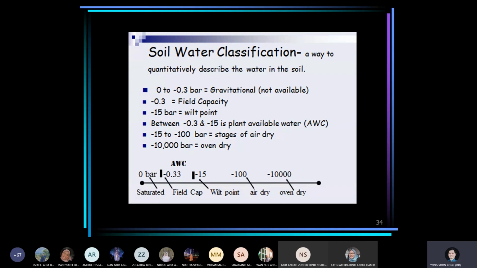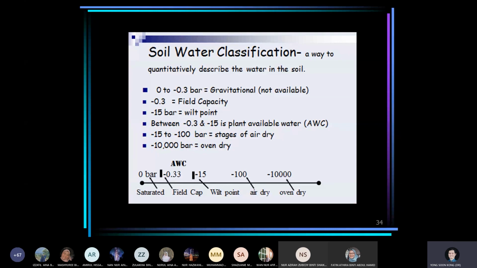That state will have the highest amount of water, so wet that gravitational water may flow down. So in that condition, the potential is at 0 bar. If it's very, very dry, it's air dry. Air dry is a condition where you have minus 100. If it's oven dry, it can be said close to no water inside, not even hygroscopic water. That condition, the potential is minus 10,000 possibly.